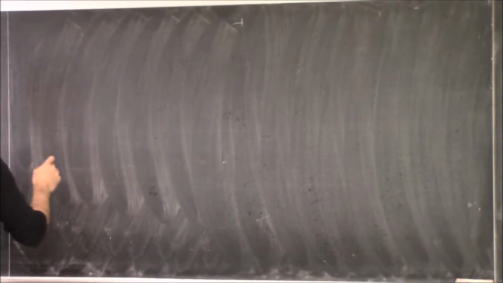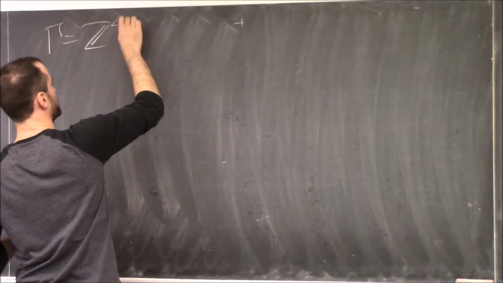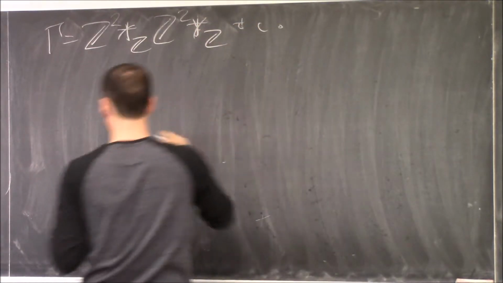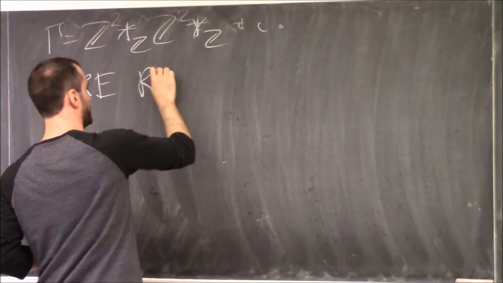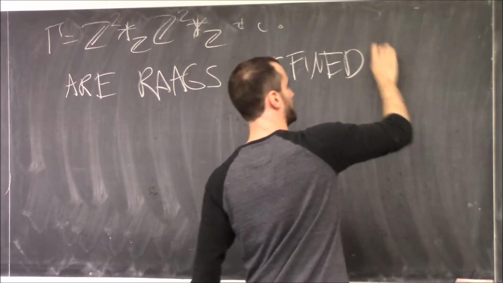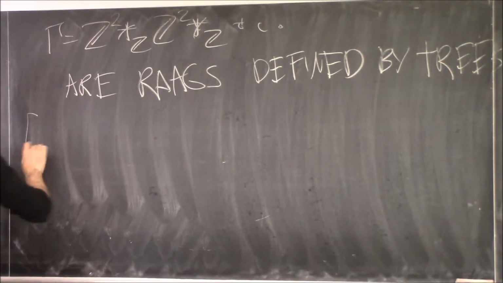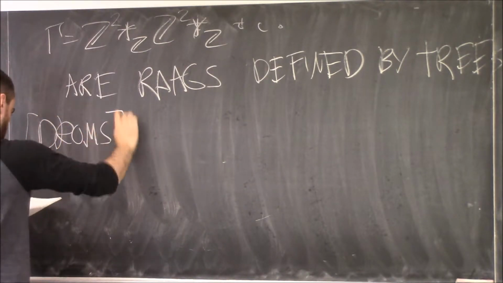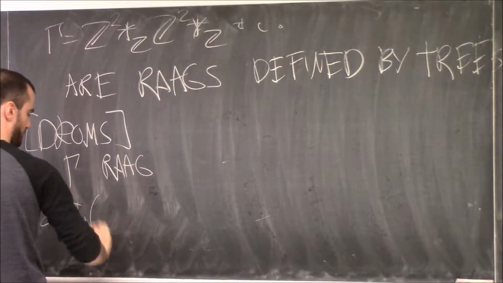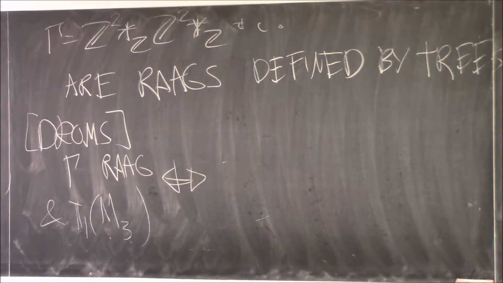If you take Γ to look something like this, these are the RAAGs defined by trees. And then there's a result of Droms, which says that Γ is a RAAG and the fundamental group of a 3-manifold if and only if its defining graph is a disjoint union of trees and triangles.